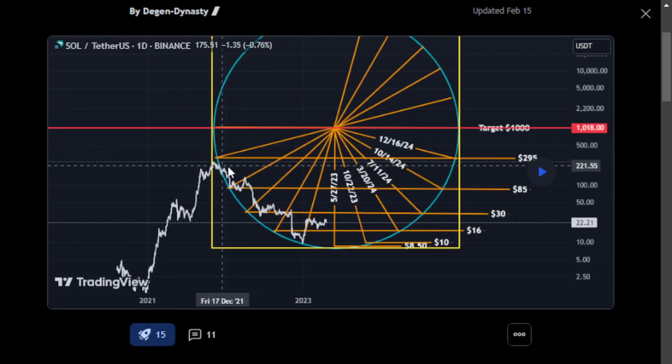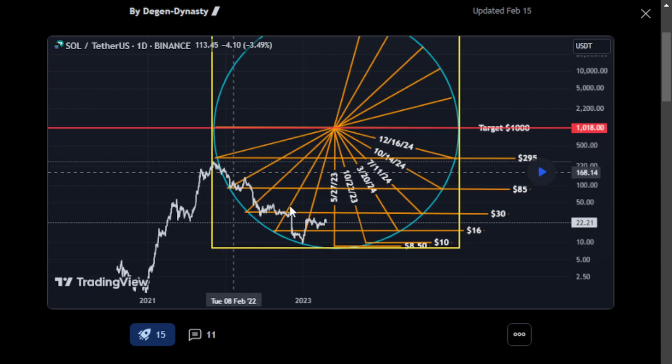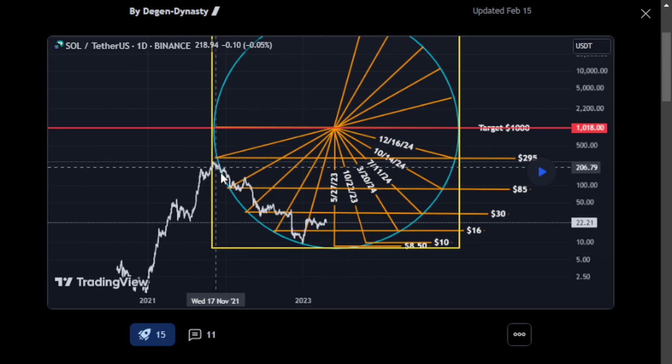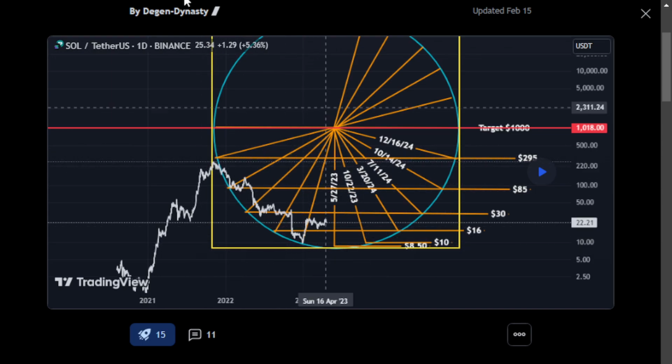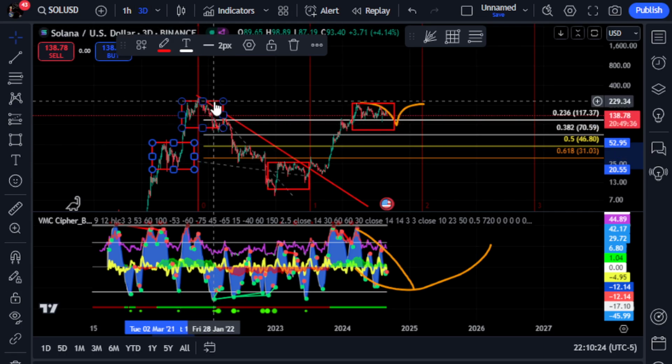Here are these ranges, so we're just duplicating these. This $1,000 target, we'll see in a minute, is really just a 1.5 expansion of our roughly $80 to $200 range. And let's see here. So here's our average true range.